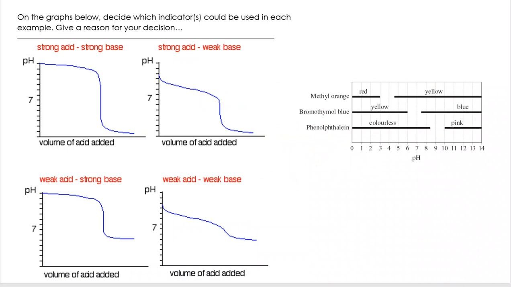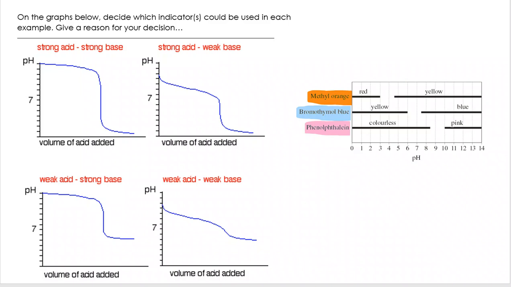Now if I put up a strong acid strong base, strong acid weak base, weak acid strong base and weak acid weak base curve, we can now start to work out where we would be able to use which of the indicators that we've got listed. And I'm going to highlight them so I can put some information directly on. I've colour coded them appropriately, so methyl orange is orange, bromothymol blue, blue, phenolphthalein is that characteristic pink colour.